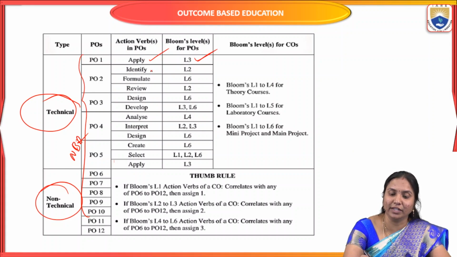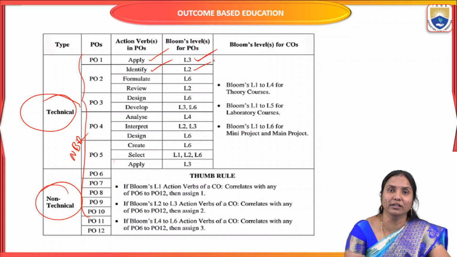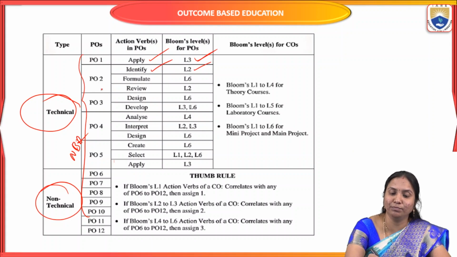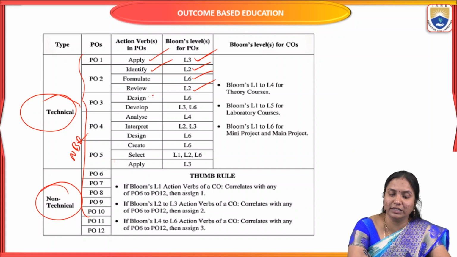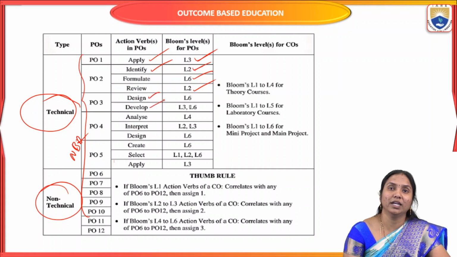Next, identify is the L2 level. In PO2 the action verbs are identify, formulate or review, so the related Bloom's taxonomy levels are L2, L6 and L2. PO3 includes design and development, with related Bloom's levels L3, L6.